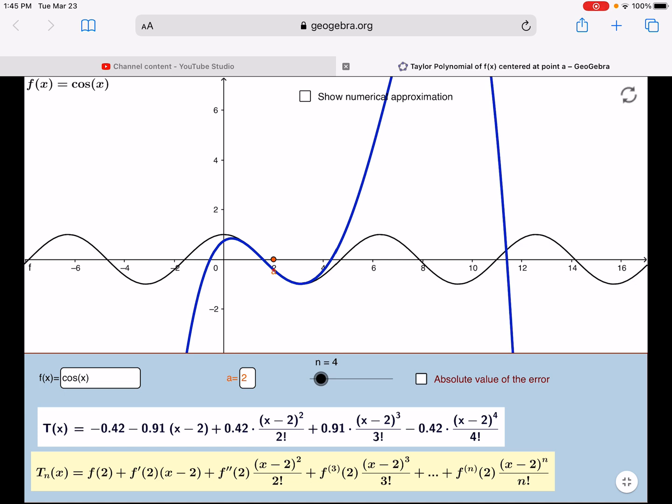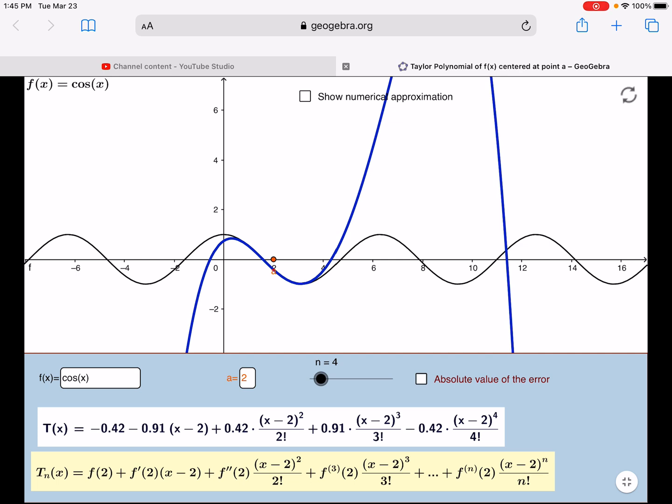And then you can choose around which point you want this centered. And then you choose the degree of the Taylor polynomial. Here it stands at 4. And it shows you here the general formula in the yellow box, and with specific coefficients for this function and this point.